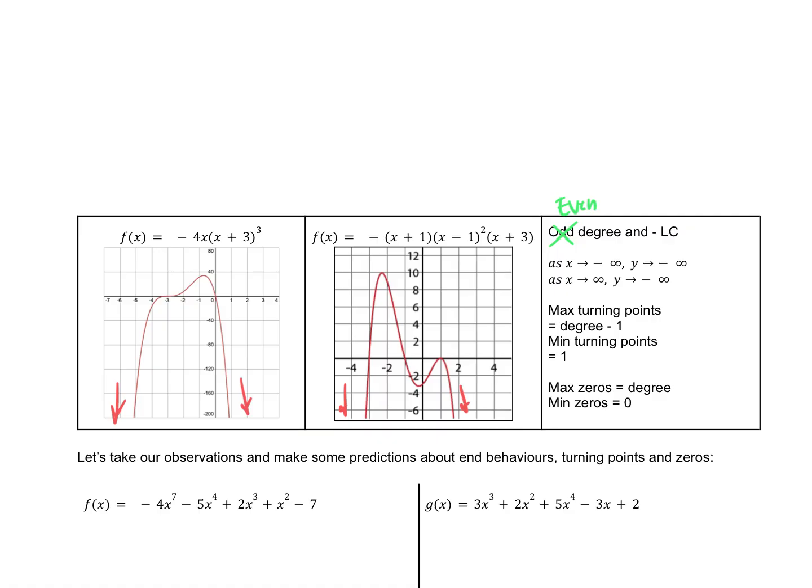So let's just check out our degree. 3 plus 1, degree of 4 here. So I'd expect a maximum number of turning points to be 3, and I need at least 1. So my options are 3 or 1. For the other one, our degree is 2 plus 2, it's also 4. So for turning points, it could be 3 or 1. For zeros, we could have 4, 3, 2, 1. I could even have 0 zeros.